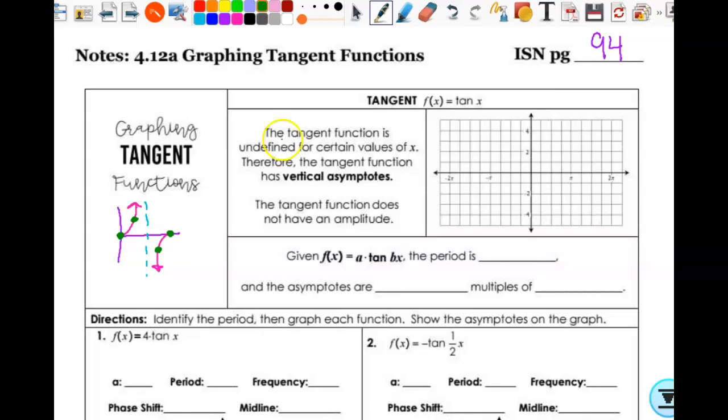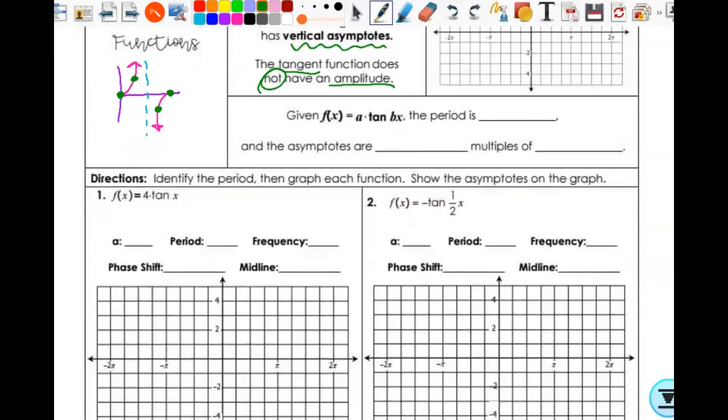So, tangent function, undefined for certain values, that's why we have vertical asymptotes. The tangent function does not have an amplitude. This is here to sketch the parent function, but we just did that on that other paper, so we're just going to let this be what it is.